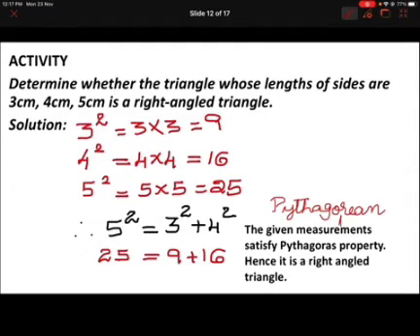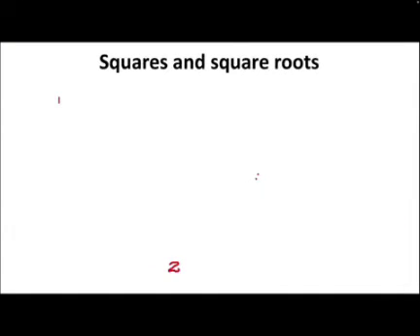Pythagorean, okay, triplets. Only if they satisfy this Pythagoras property, they are called Pythagorean triplets. Okay. Now, in the previous two activities, the problems were the same, parameters are same. We can check for many more.